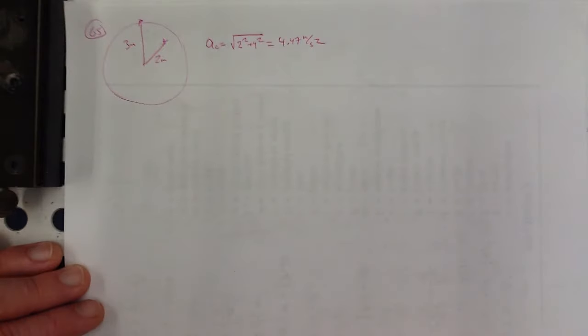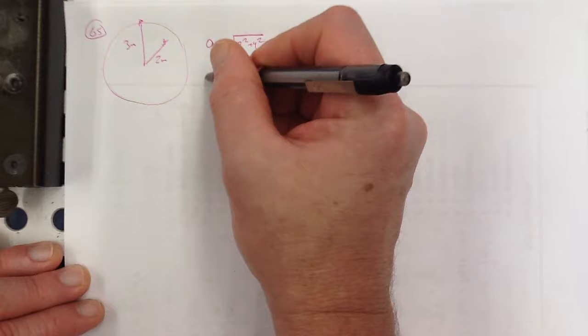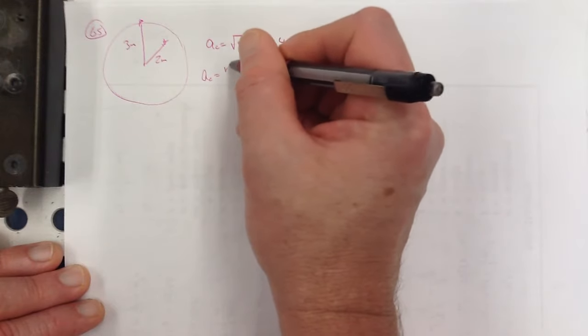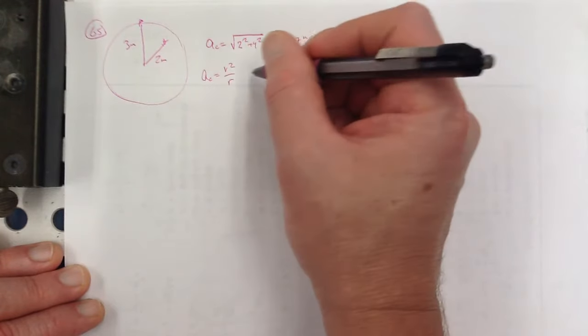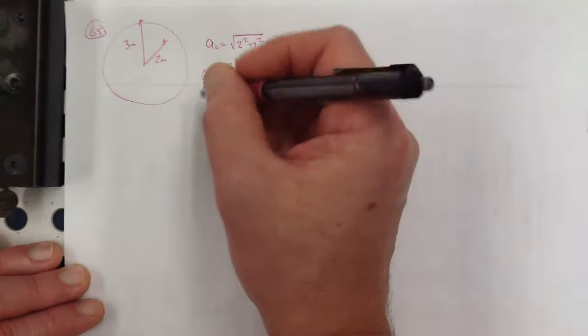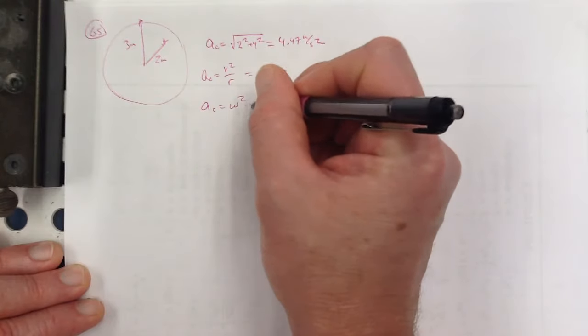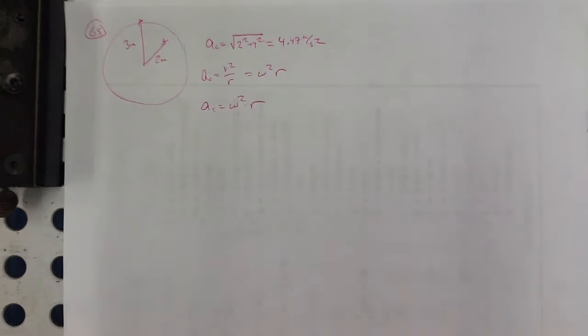Okay, so let's see, what are my equations here? Centripetal acceleration is equal to v squared over r, which is equal to omega squared times r. And actually, let's look at this for a second. As we go through the year and develop more mathematical models for describing this world, universe that we live in, mathematical models just means equations.